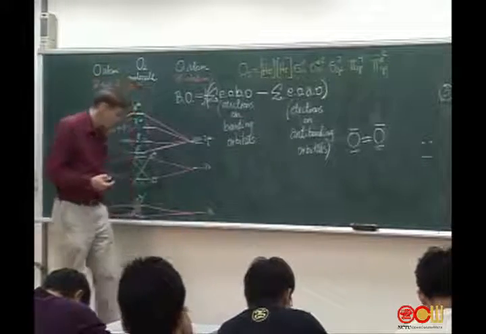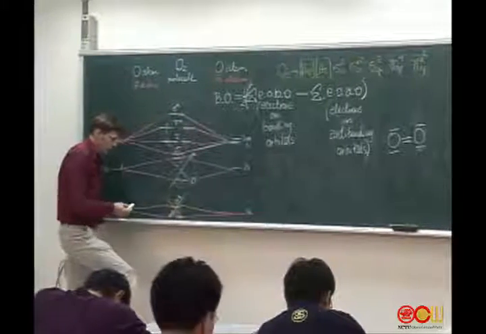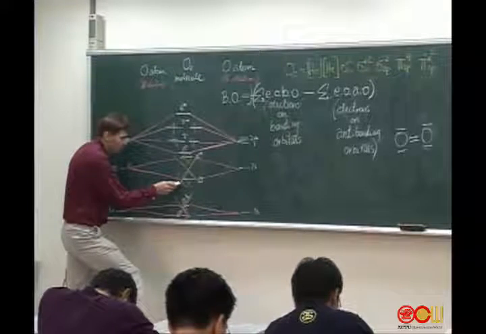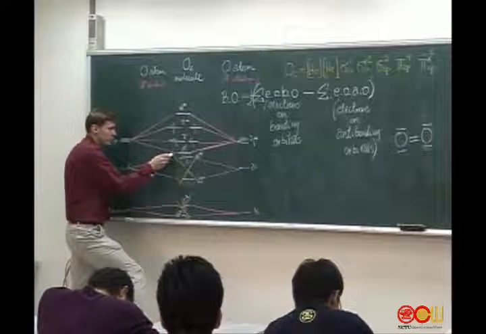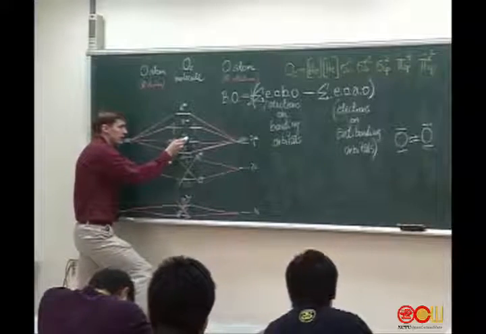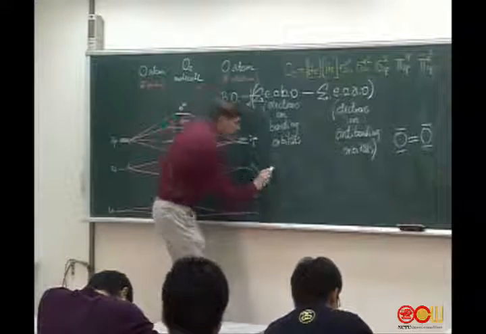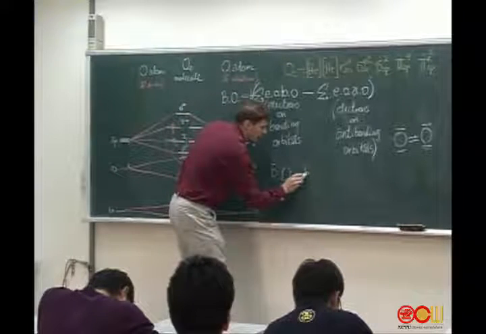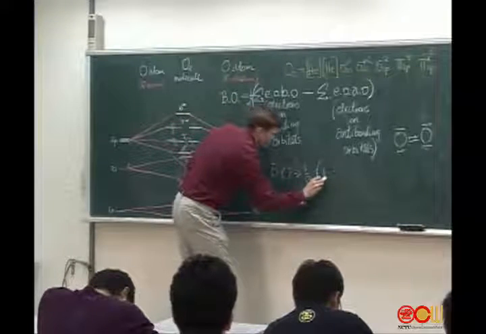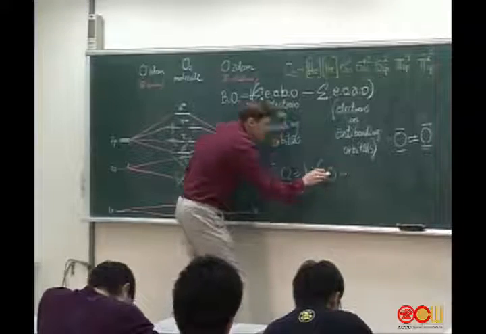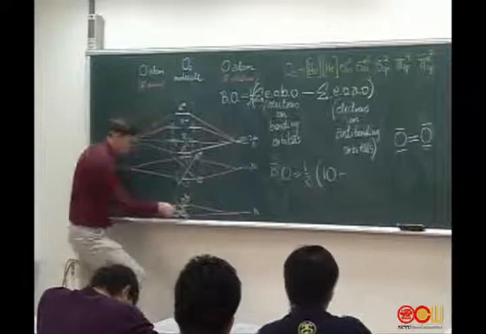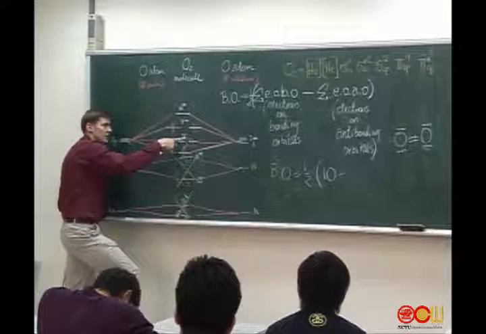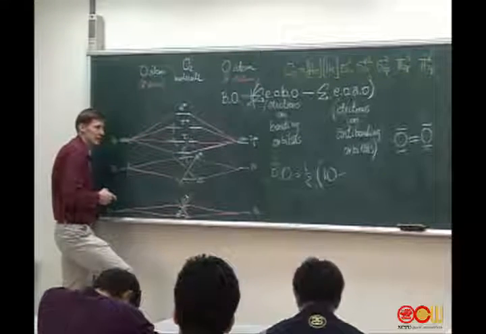So if we calculate this one here, what do we get? 2 bonding, 4 bonding, 6 bonding, 8 bonding, 10 bonding. We get that the bond order is 1/2 of 10 minus the electrons on antibonding orbitals.